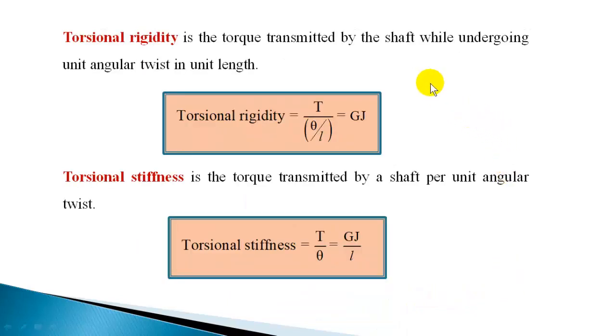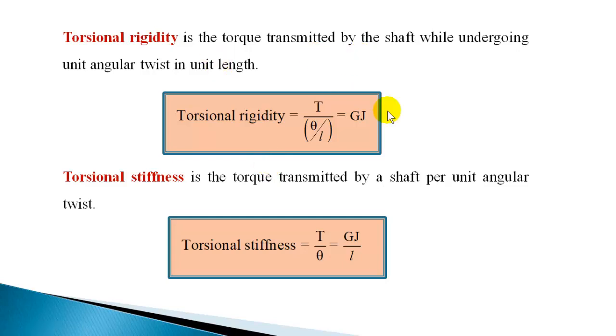Now coming to the torsional rigidity, it is the torque transmitted by a shaft while undergoing unit angular twist in unit length. How much torque can a shaft transmit while undergoing unit angular twist in unit length? So you know the torsion equation.